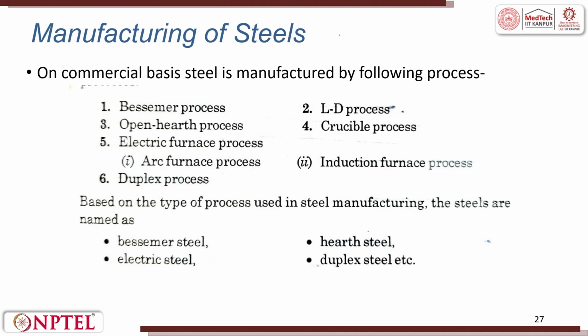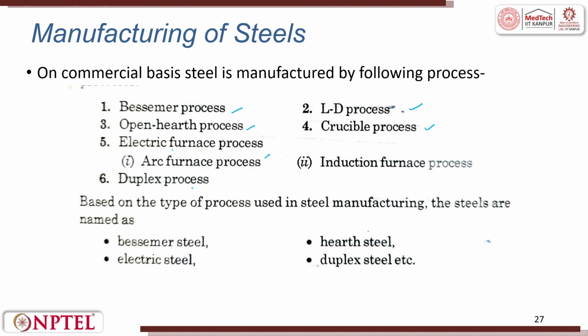The manufacturing of steel has several processes. On a commercial basis, steel is manufactured by these processes: Bessemer process, open hearth process, electric furnace process, duplex process, LD process, then crucible process.